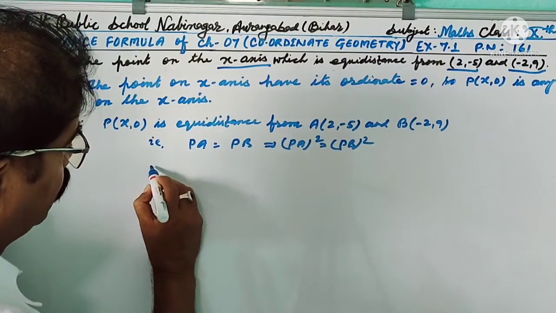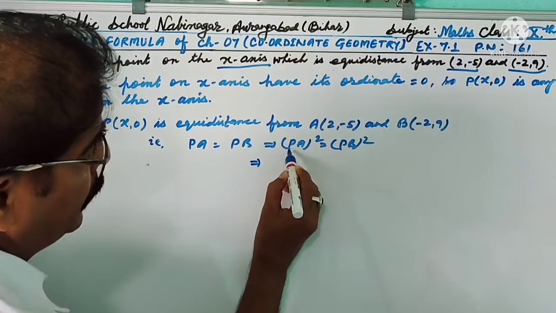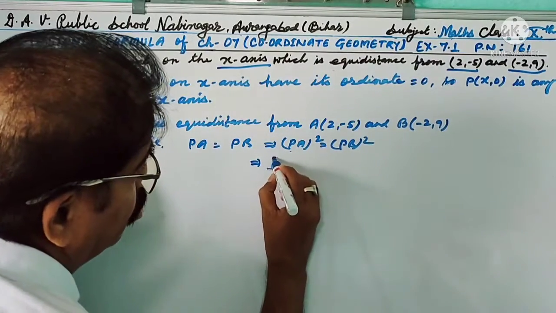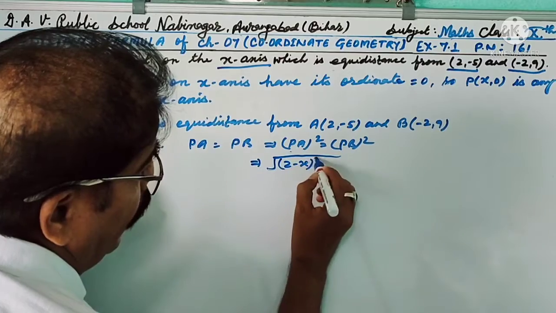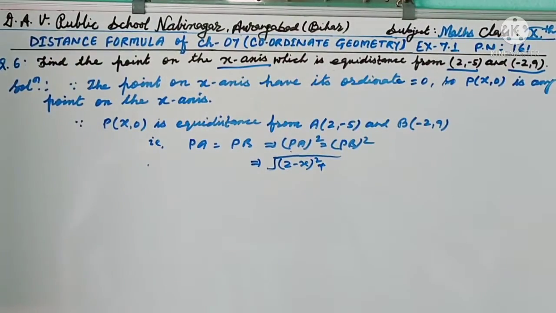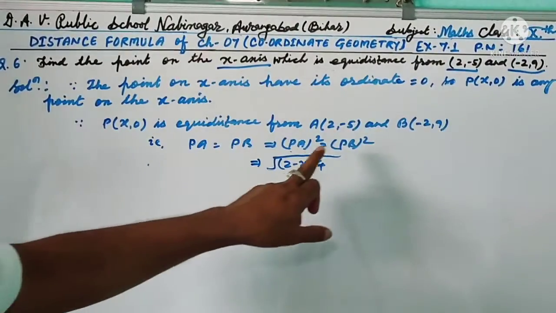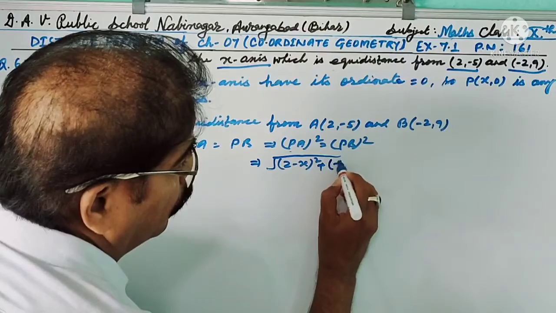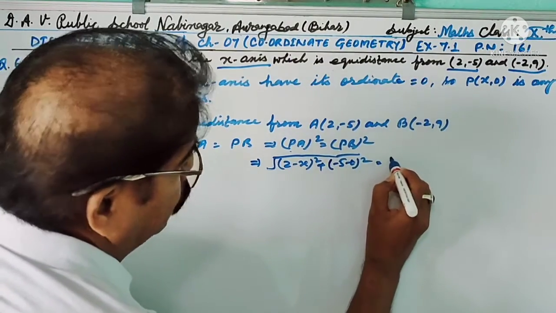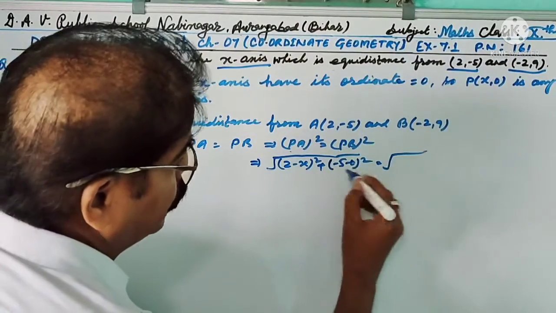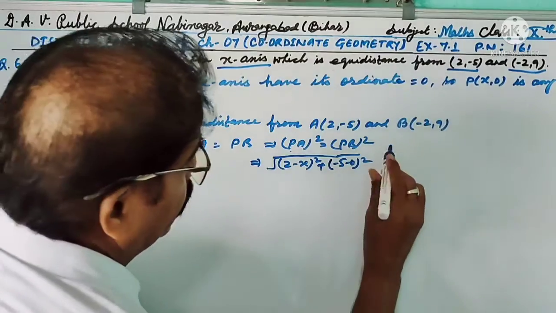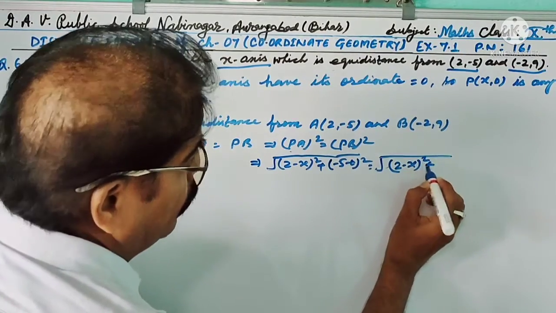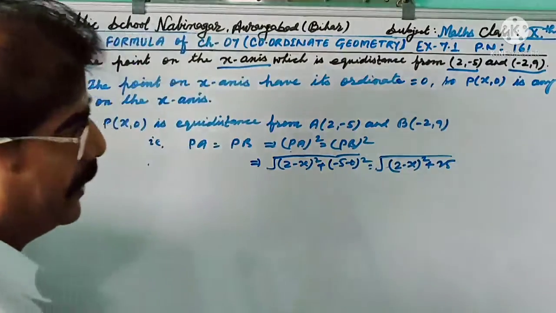Using the distance formula, PA is the square root of (2 minus x) square plus (-5 minus 0) square, that is (2 minus x) square plus 25.